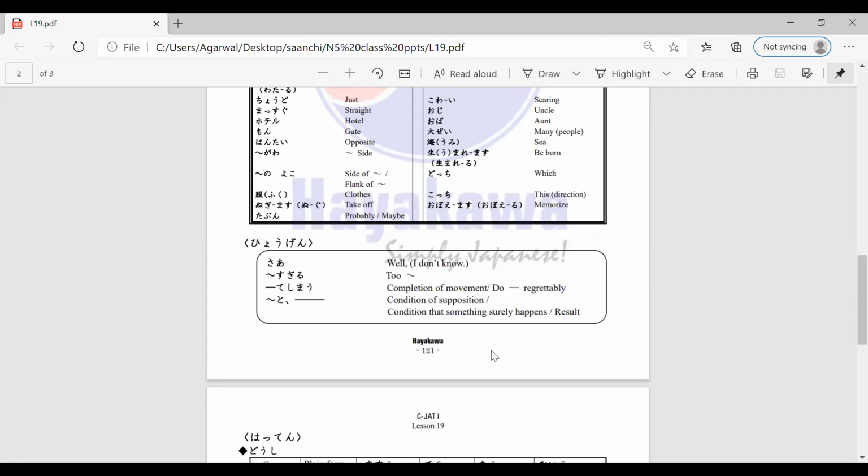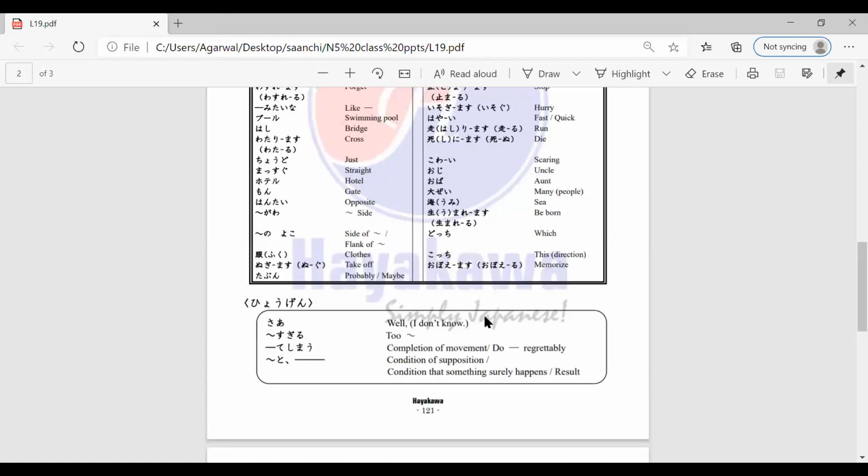And then the grammar that we saw today: Sugiru, which means to do something in excess; te shimau, which means completion of an action, or doing something regrettably; and to, which is a condition. So if A happens, then B will be the result, or because of A, B will be the thing that happens. Any doubts over here?